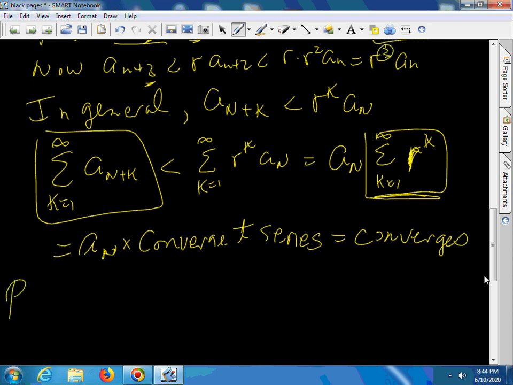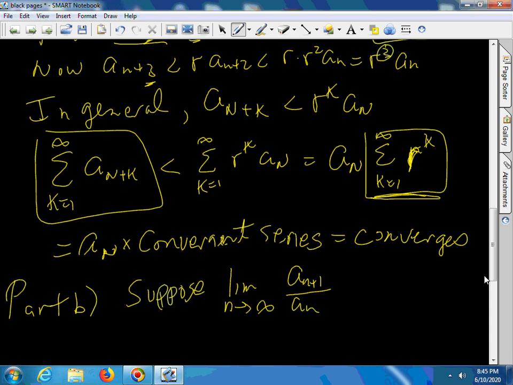Now, part B. Proof of part B. Suppose the limit as n goes to infinity of a sub n plus 1 over a sub n is equal to L, which is bigger than 1.